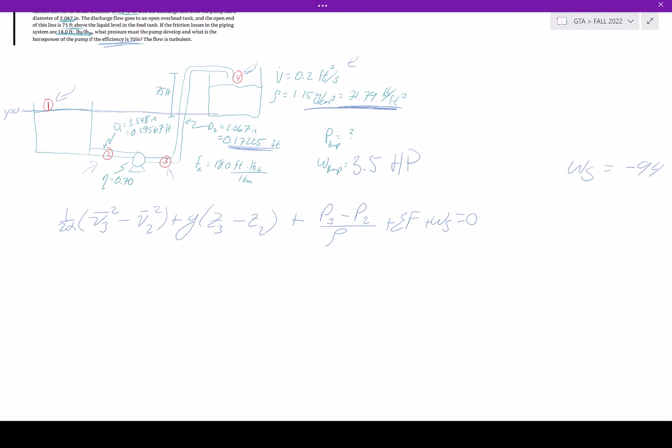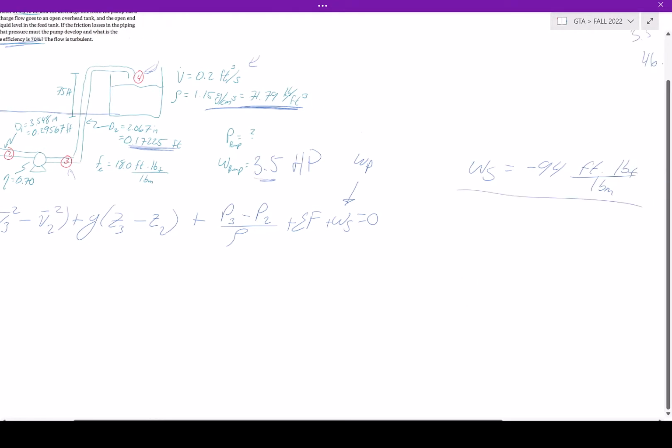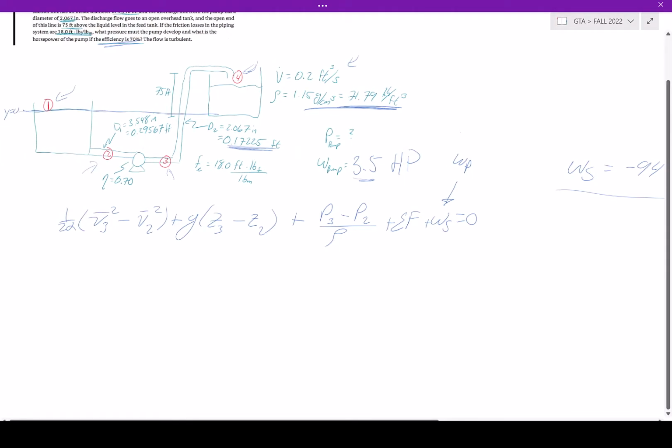Something I want to note about this right here, we just solved for that, and this is not going to be WP. It's not going to be what we just solved here. It's actually going to be this value, the value that we took right before we ended up using the efficiency value of 70%, because we want what's actually being delivered to the water.